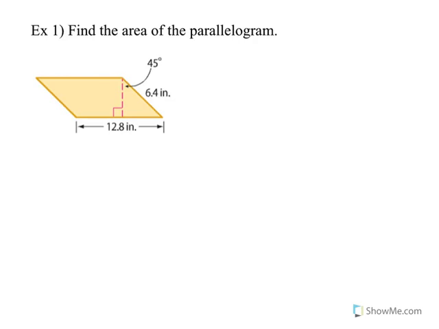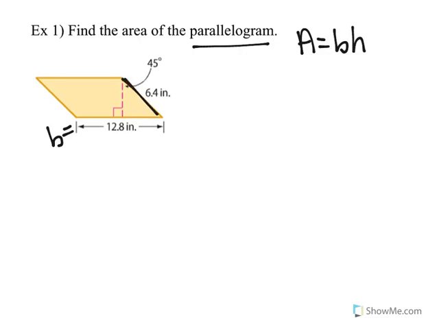So example 1 says find the area of the parallelogram. So if it's a parallelogram, we know, looking back, that our area is simply base times height. Now if you look, the length of the bottom is going to be the base. So we have the base is equal to 12.8. But our issue is that we do not have the height.